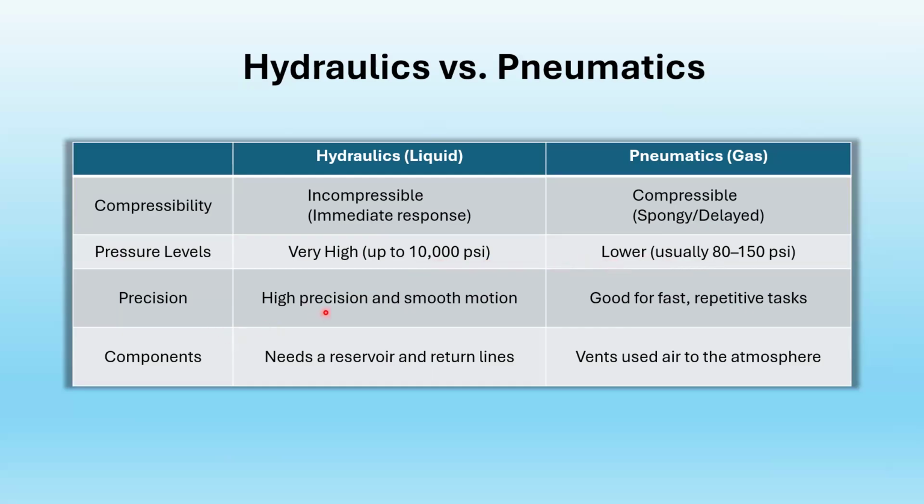Precision: you get high precision with hydraulics. With pneumatics you get much faster response, but not as precise, not as controllable. So it's either on or off, either full extension or full retraction of a cylinder, and over here with hydraulics you can extend the cylinder so much and stop.